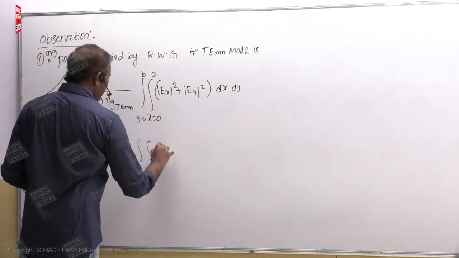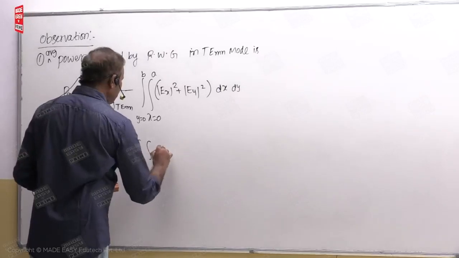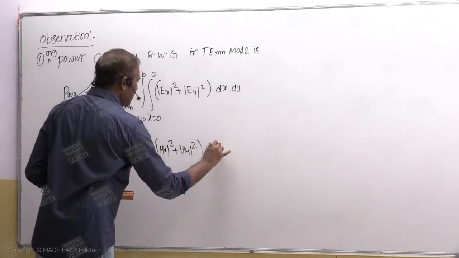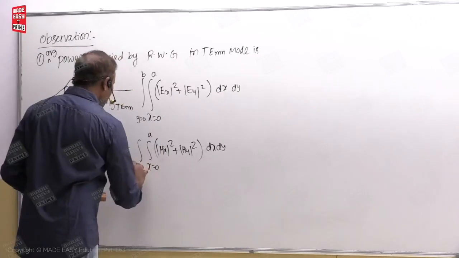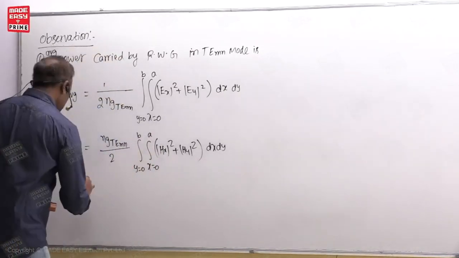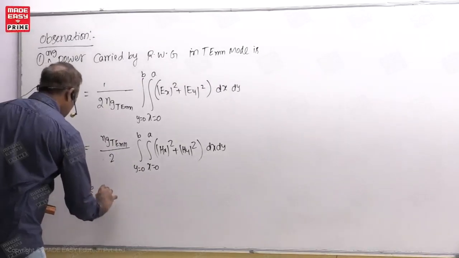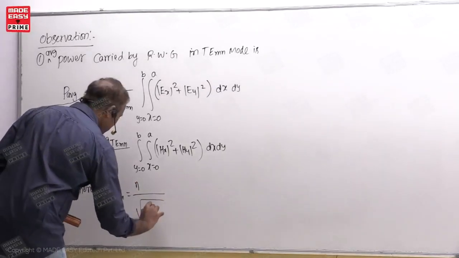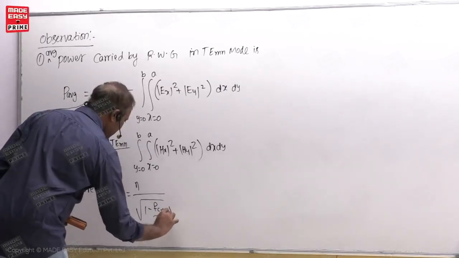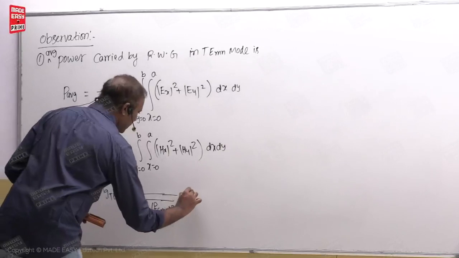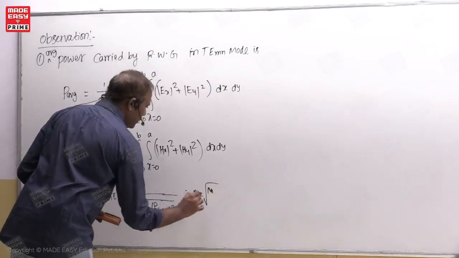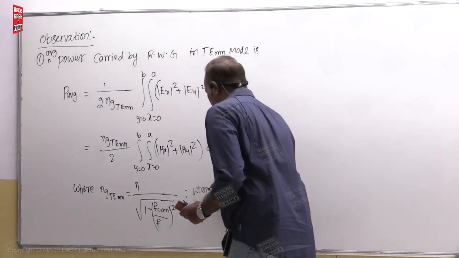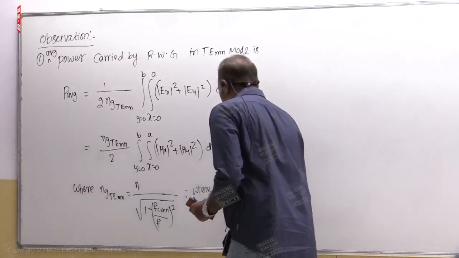So double integral of magnetic field x component square plus magnetic field y component square, then dx dy, x varying from 0 to a, y varying from 0 to b, where eta g TEmn is equal to eta by root of 1 minus fcmn divided by f whole square, and eta is nothing but root mu by epsilon.